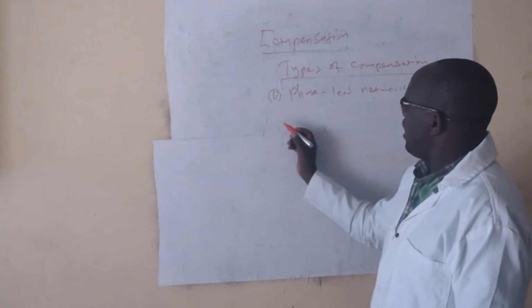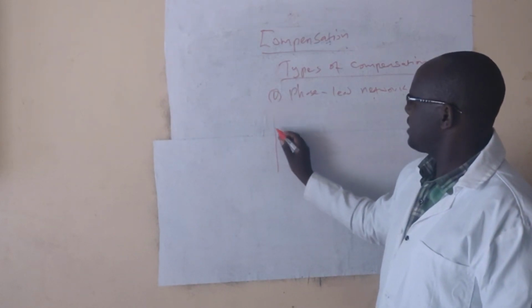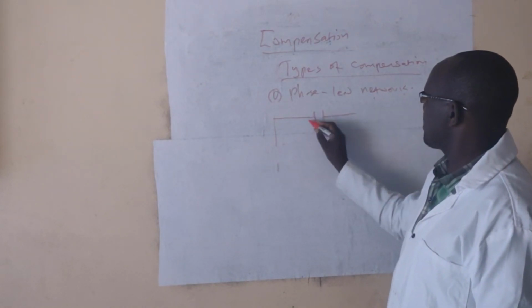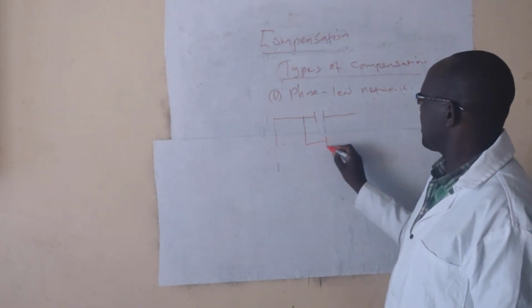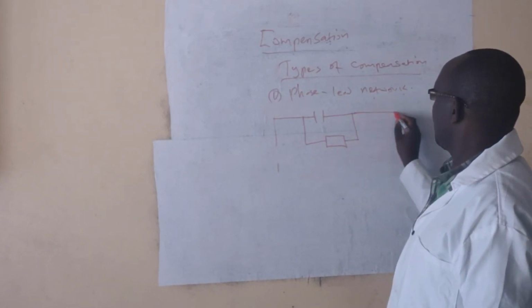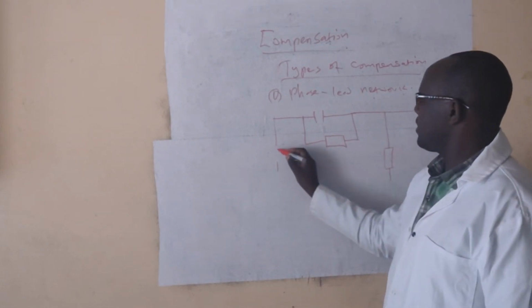So this is the circuit. This one is going to be the capacitor. We have here the resistor, and then we have, in parallel, another resistor.